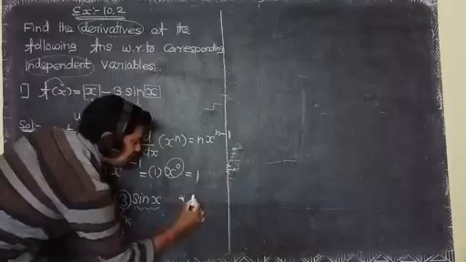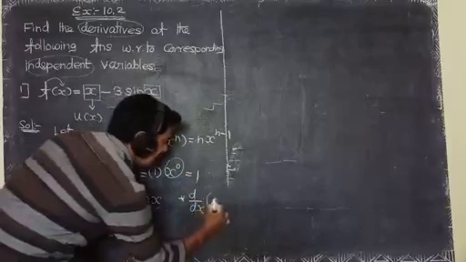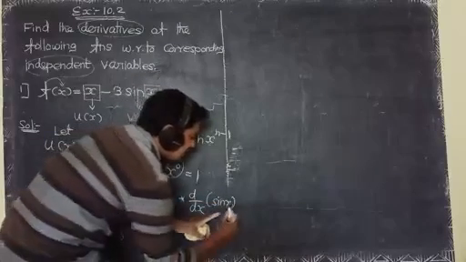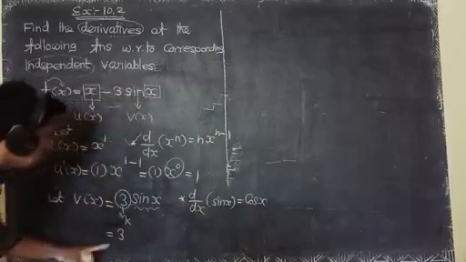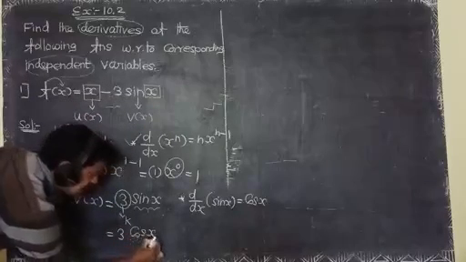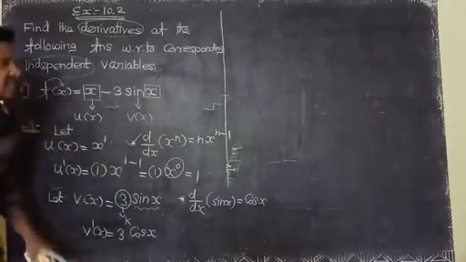We know the formula: d by dx of sin x is equal to cos x. So the constant 3 into cos x, then the resultant is v dash of x, which is equal to 3 into cos x.